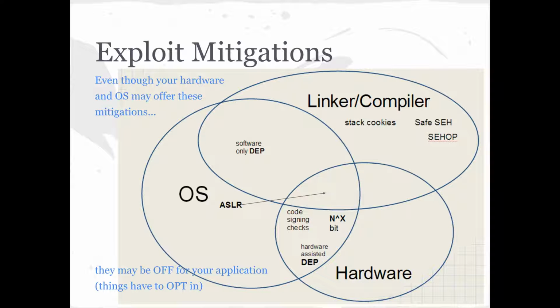Next, you should be aware of what aspects of the system are responsible for implementing each exploit mitigation. This is a copy-pasted screenshot from the previous slides on exploit mitigations. I had to make a correction. ASLR should be included in the Venn diagram of linker and compiler, because on Linux systems, if the binary is compiled with no PIE support, ASLR cannot be enabled.